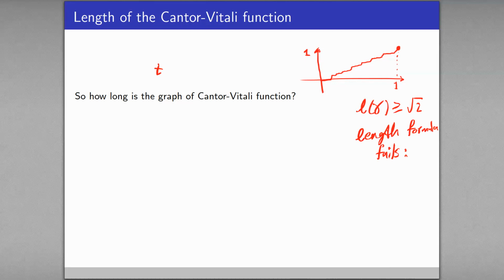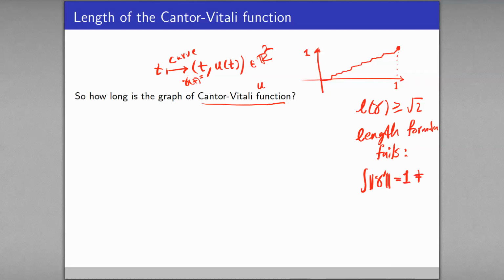To be thorough, this is the curve we are talking about. So u of t is the Cantor-Vitali function. And this is the curve that I'm talking about, the graph of it in the plane. If I call this gamma of t my curve, the integral of the norm of gamma prime is 1.